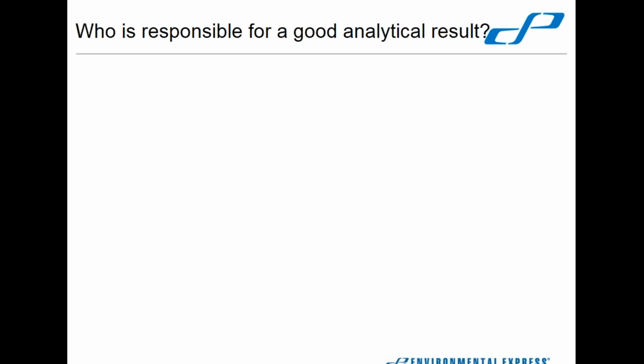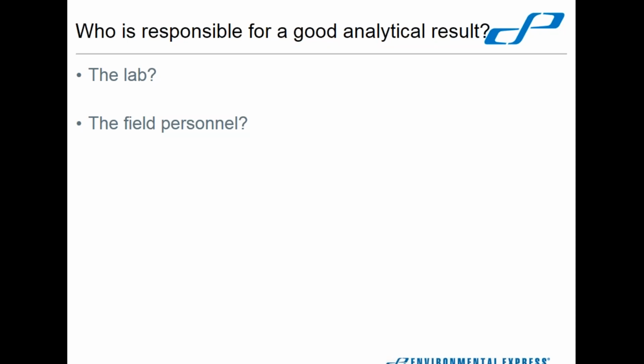So let's start out by discussing who is responsible for our good analytical results. Obviously, the very first thought is it's the lab, the people doing the analysis. You've got responsibility to make sure you've got good data out there. However, it actually starts before that. It starts maybe back at sample collection with the field personnel.